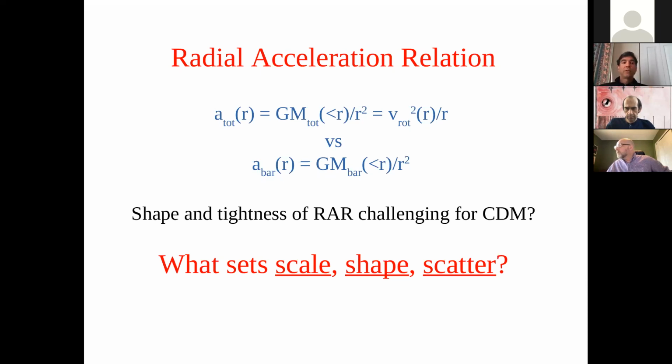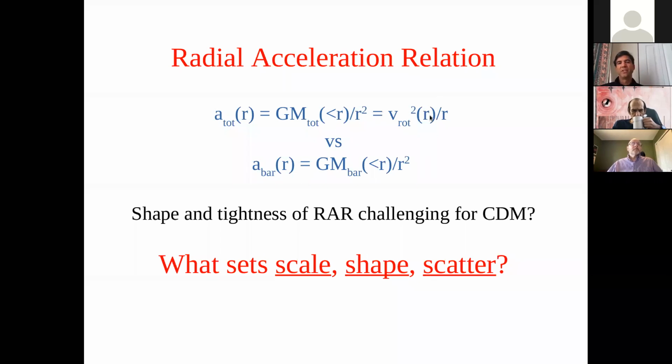There has been, for a while in the literature, discussion of the evidence for dark matter that comes from rotation curves of galaxies, and a robust way of showing that is a plot which shows the acceleration that you observe, so the rotation curve that you observe, v squared over r, so that's like an acceleration, versus what you expect if it were all due to baryons.